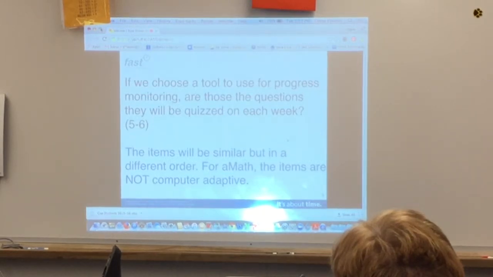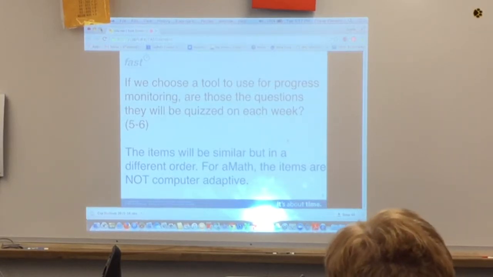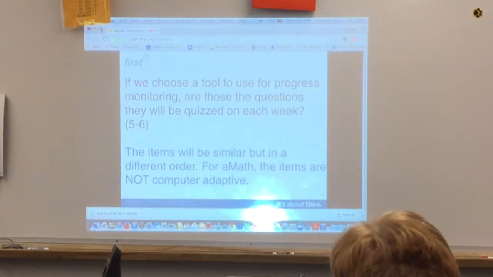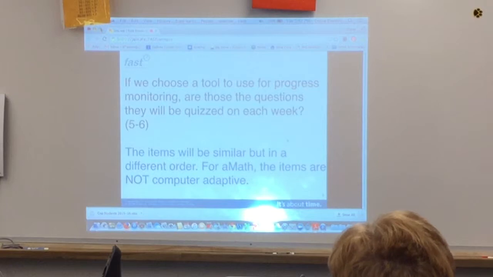The items are similar to the items in AMAP, but the AMAP progress monitoring screener, which you need to administer if you want to do progress monitoring with AMAP, is not a computer adaptive measure, okay? So it doesn't self-level like AMAP does.